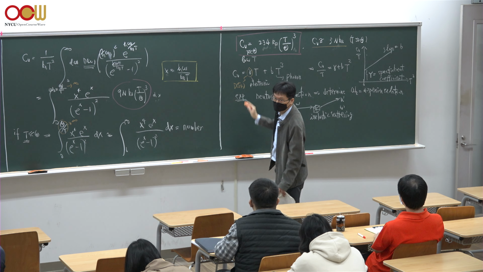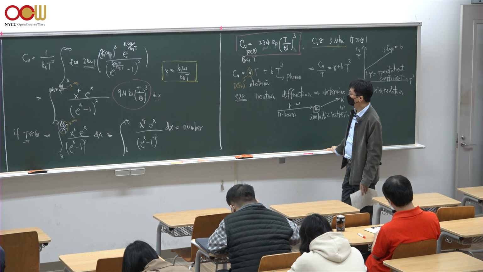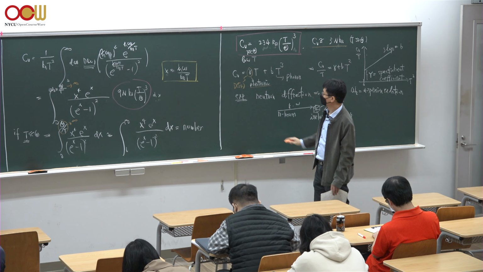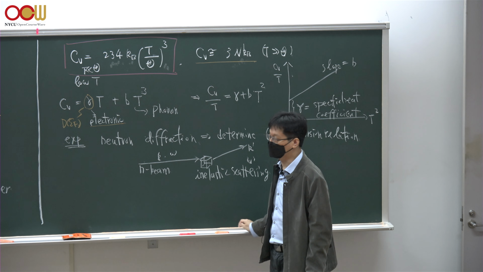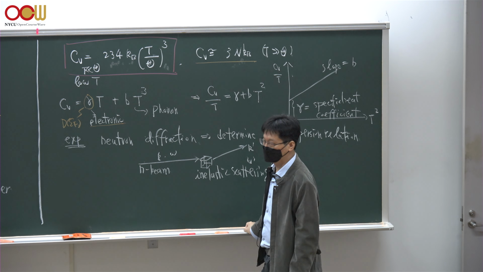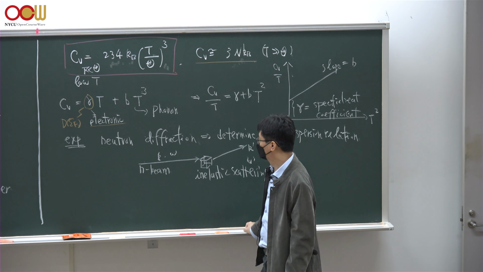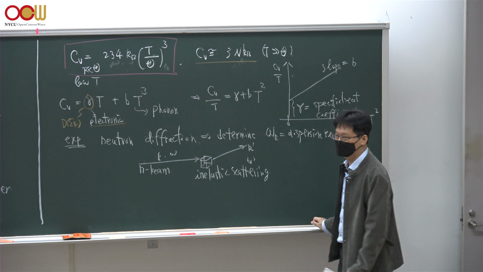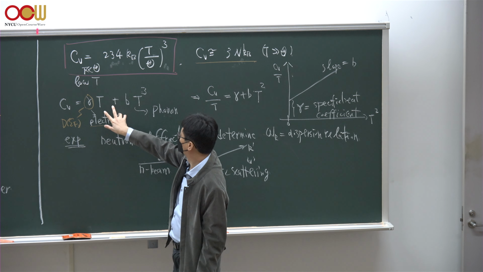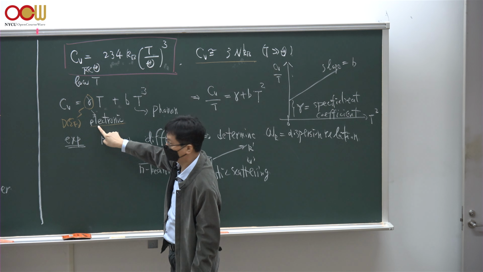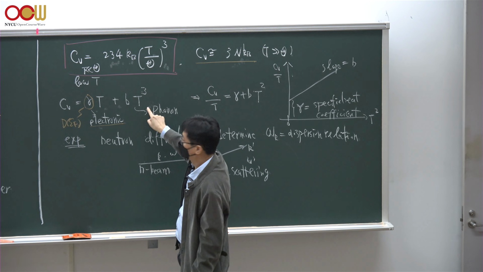Remember that. But here, in addition to the so-called electronic or fermionic contributions to the specific heat, we have a bosonic contribution. Phonon is an example of a boson. So at low temperatures, we get these two contributions to the specific heat: one from the electronic part, another from phonon.